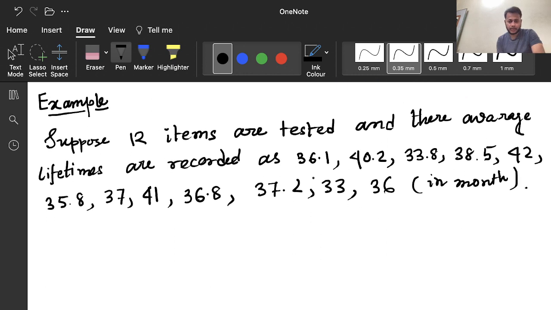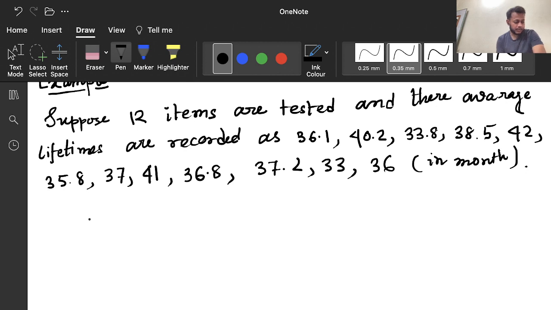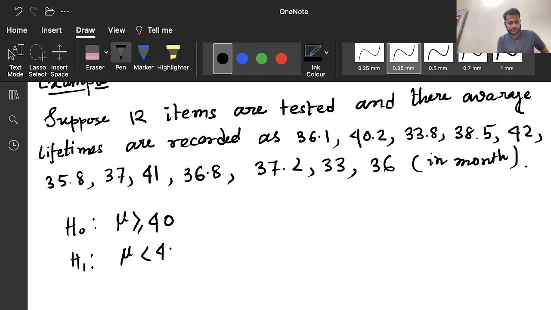Now the hypothesis is that the lifetime should be greater than or equal to 40, and the alternative hypothesis is mu less than 40. And here we will assume that these data are coming from a normal distribution.